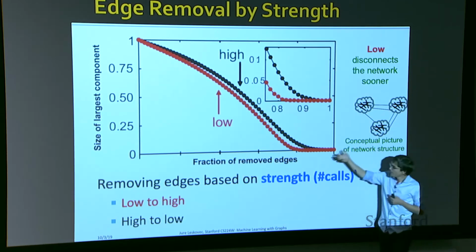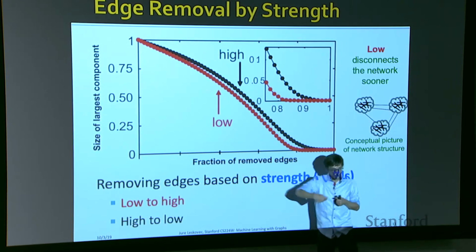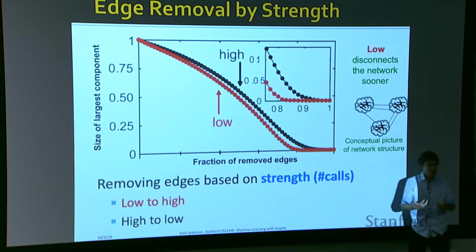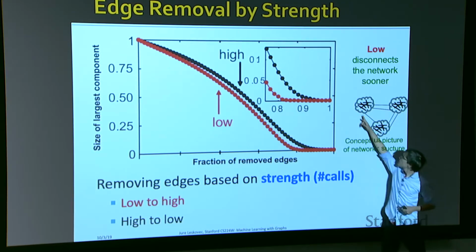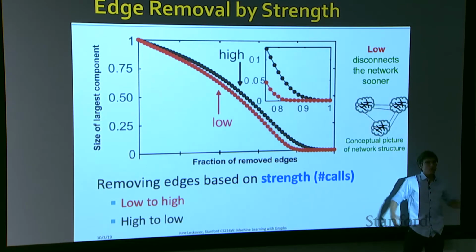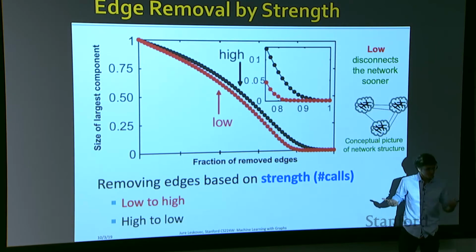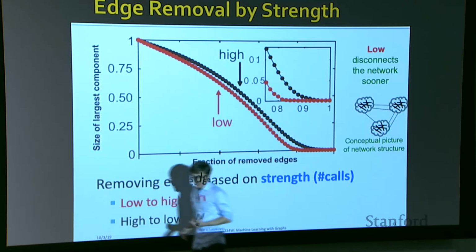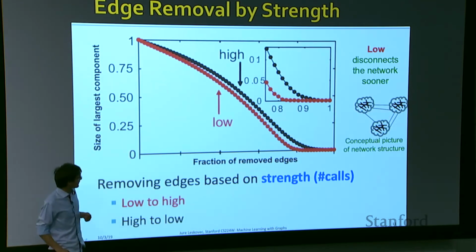But if I remove edges that have low strength, low number of phone calls, these edges should connect different clusters. So if I remove those, the network should fall apart very quickly. Right? That's the hypothesis. And this plot is trying to test that hypothesis.